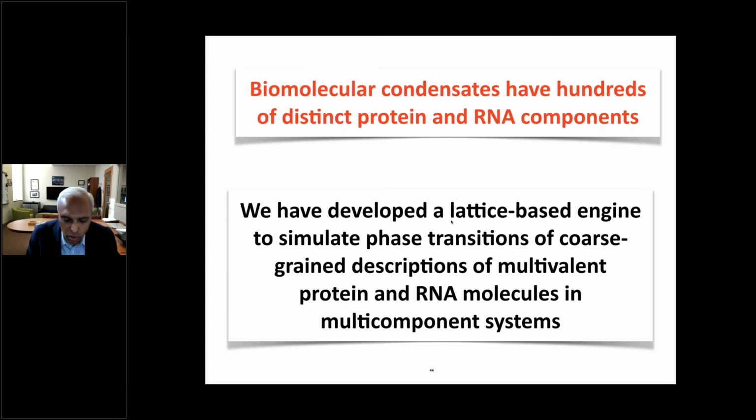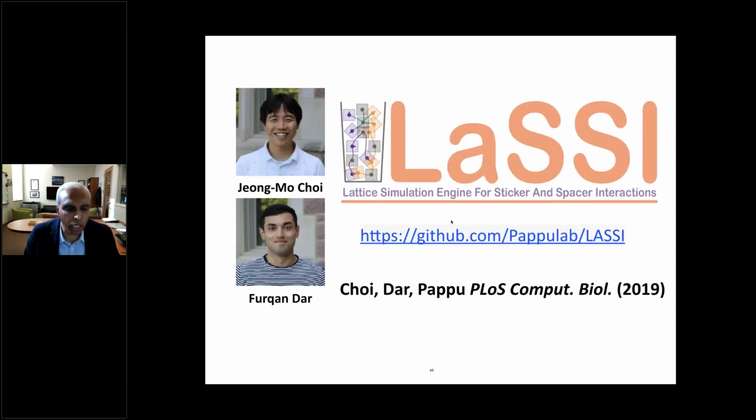So in order to start approaching the biologically relevant question of how we think about multi-component systems, we've developed a lattice engine, and we here being Jungmo Che and Furkan Dar. Furkan is a graduate student in the lab.